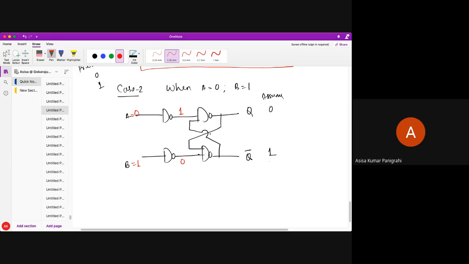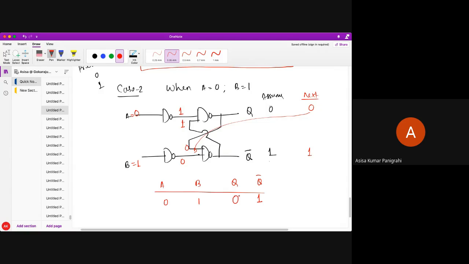Q bar is fed back to here. This is 1, so this will also be 1. 1 and 1, output is what? My next state output is 0. Now this 0 is fed back to here. 0 and 0, output is 1. So what do we understand from this? If A, B are 0 and 1, we get Q equal to 0, Q bar equal to 1.